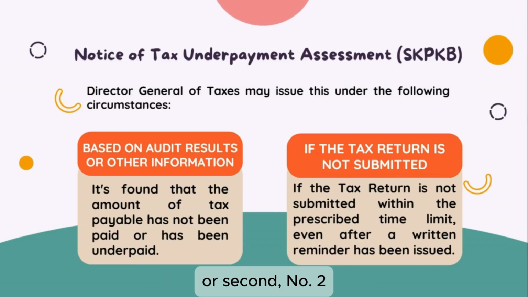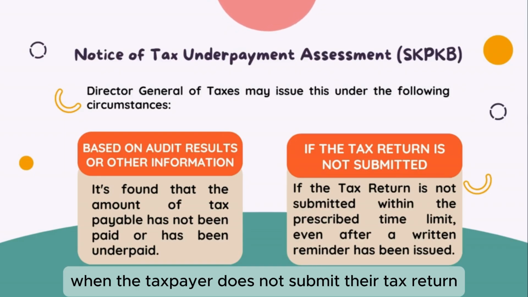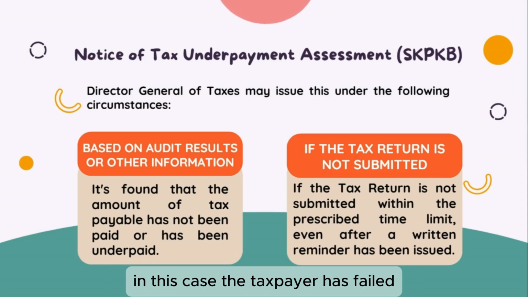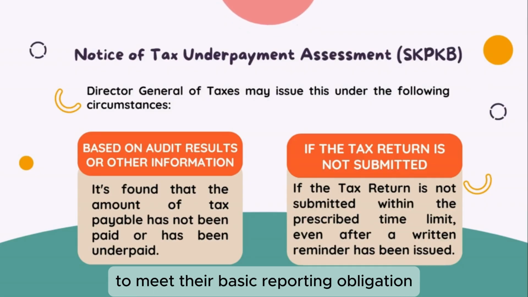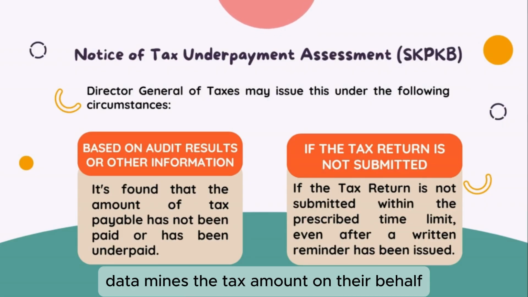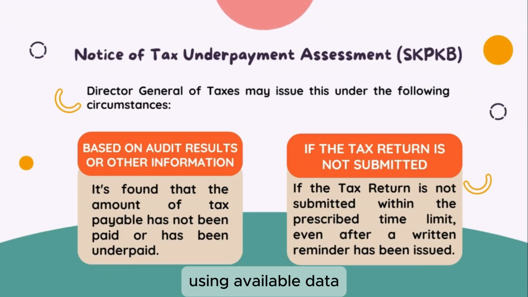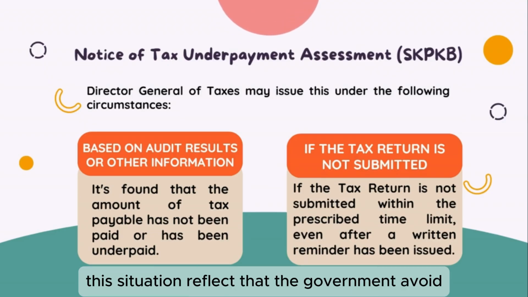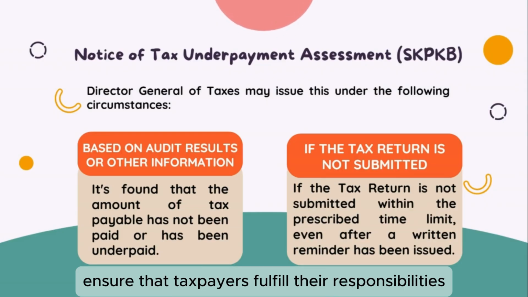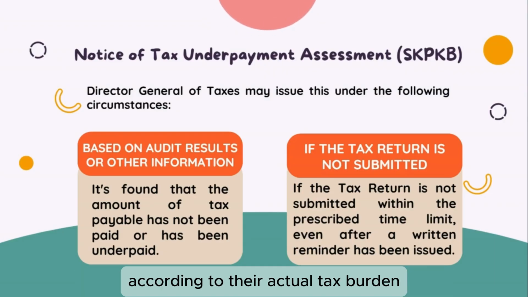Or second, when the taxpayer does not submit their tax return even after receiving a written reminder. In this case, the taxpayer has failed to meet their basic reporting obligation, so the tax authority determines the tax amount on their behalf using available data. This situation reflects the government's effort to uphold fair and accurate tax. This assessment ensures that taxpayers fulfill their responsibilities according to their actual tax burden.